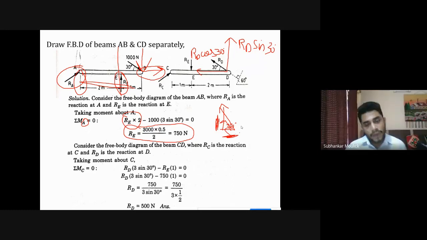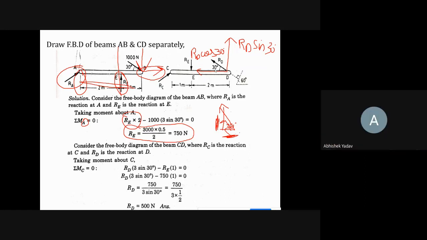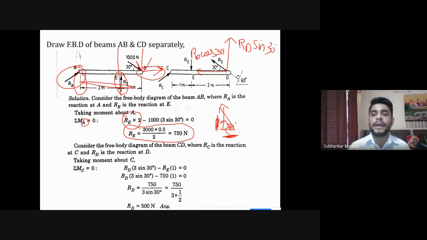Fine. Okay. So if I take moment at point C, can you tell me which component of RD will I take? Will I take the cos component or will I take the sine component? Only the sine component. So RD sine 30 into the perpendicular distance.